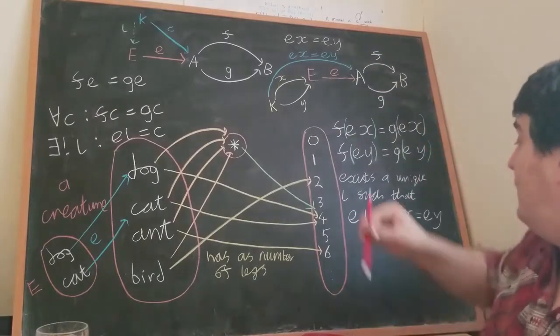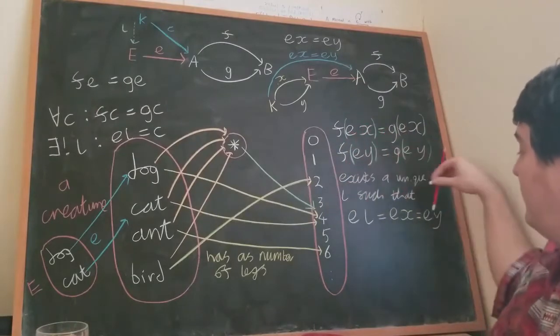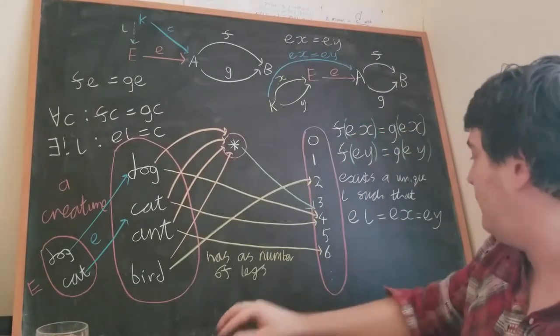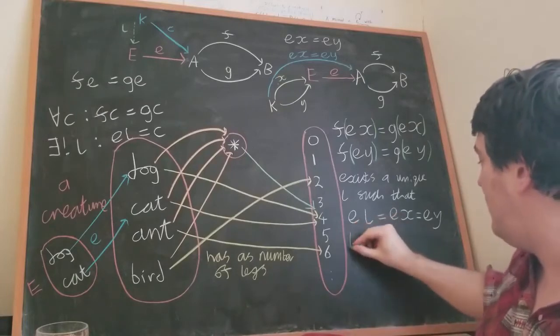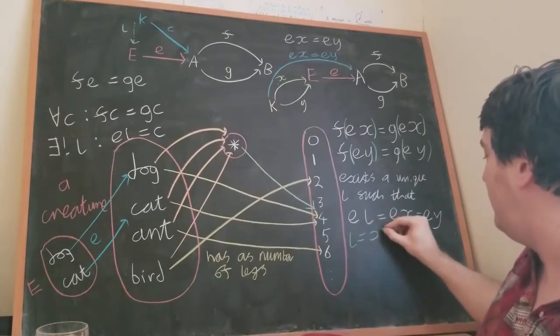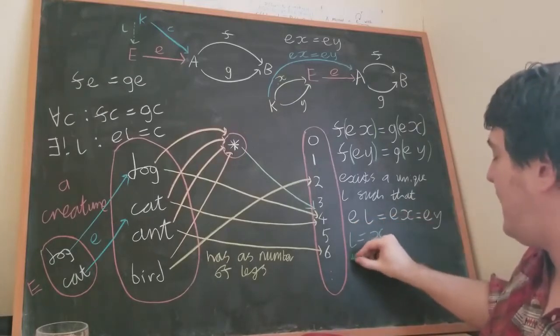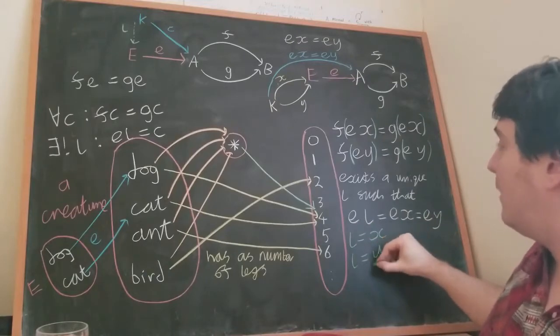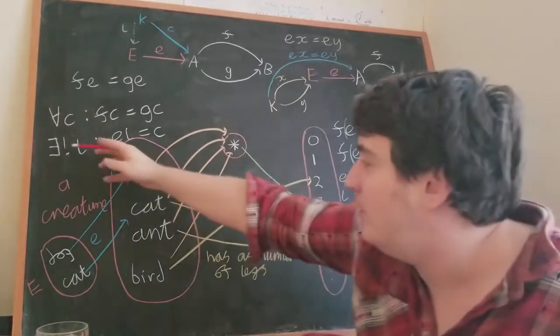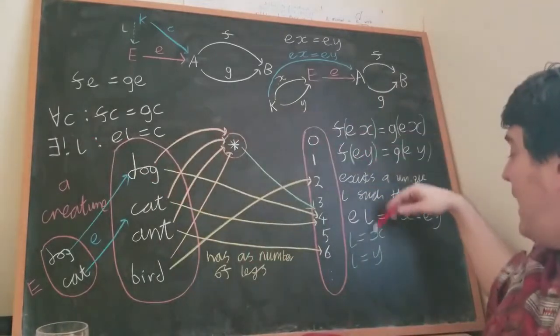So what kind of l could we pick to make this work? Well, we could pick l equals x, or we could pick l equals y. But there's only supposed to be one that works. So it must be that x equals y.